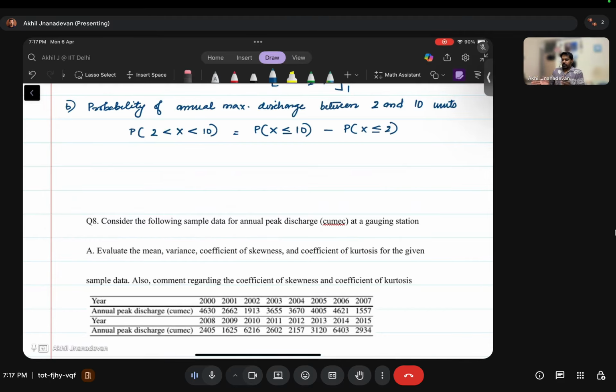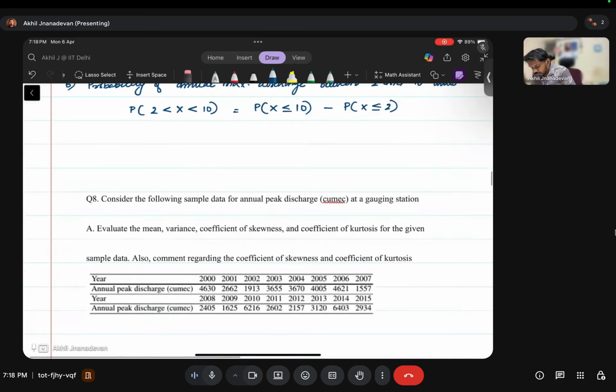That is, we are taking the total probability from 1 to 10, then subtracting from 1 to 2. Whatever is left is between 2 and 10, right? So this we can substitute as the integral from 1 to 10 of 1 by x square dx minus the integral from 1 to 2 of 1 by x square dx.